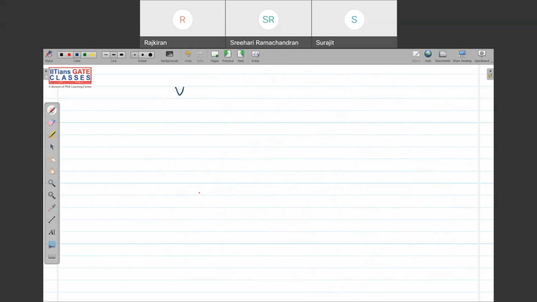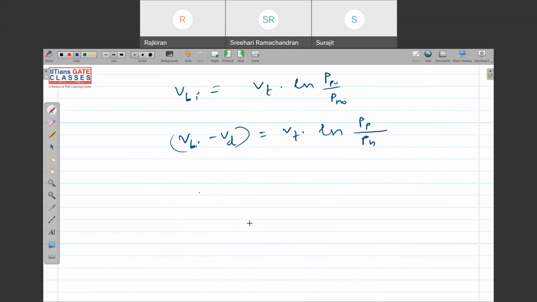At equilibrium, I have Vbi equal to Vt ln Pp0 by Pn0. If I go to forward bias, the potential will be Vbi minus Vd, equal to Vt ln Pp divided by Pn.